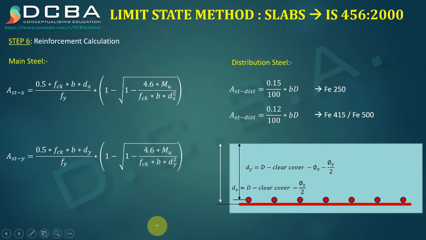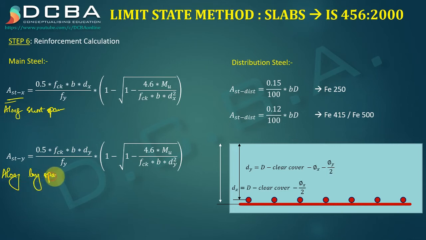Step 6, main steel. Again, the steel will be given in two directions. First is along the short span, and this is along the long span. Okay, so Ast x is 0.5 C K B dx.